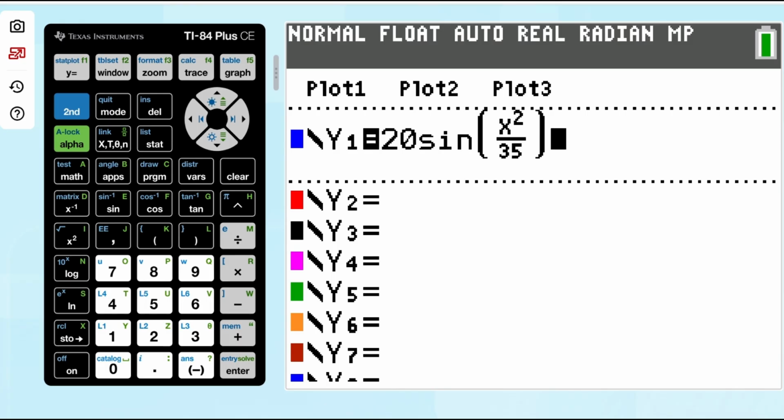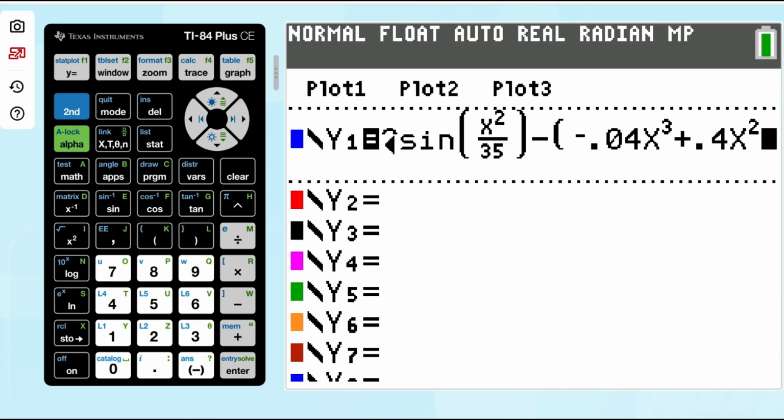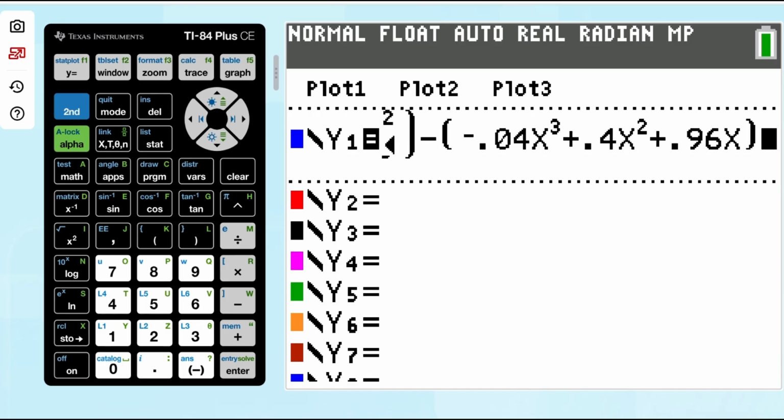So we've got that. And then we want to subtract the function for d, which was negative 0.04x to the third, plus 0.4x squared, and then plus 0.96x. And we'll close off our parentheses there. And we're only looking at the time interval from 0 to 8.